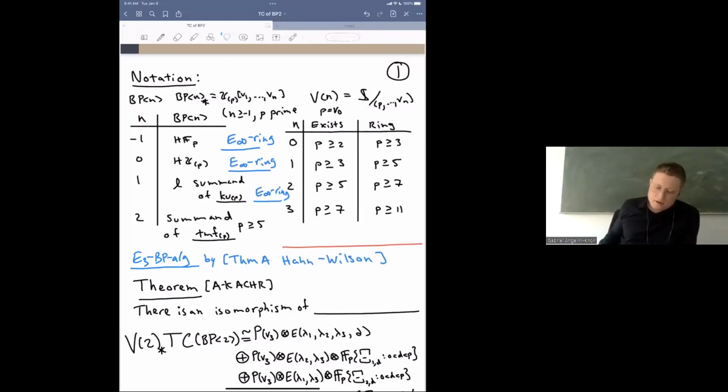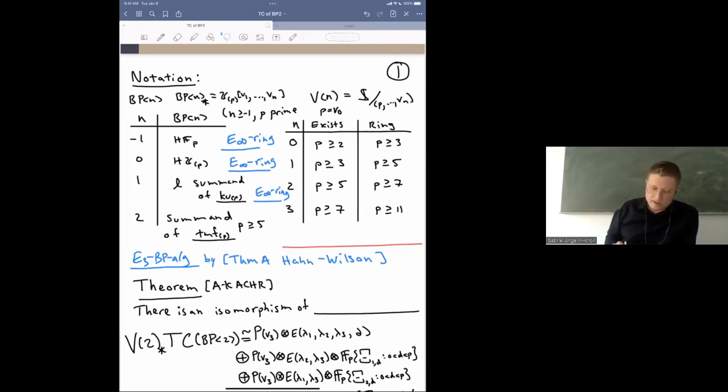The other key players are the Smith-Toda complexes. These are formed by first quotienting by the element p in degree 0 of the sphere, and then by v1 and so on through vn. Unfortunately, they're not always known to exist. So I made a little table of at which primes they exist, and also at which primes they're known to be a ring spectrum, because we're also going to want our Smith-Toda complex to be a ring spectrum.